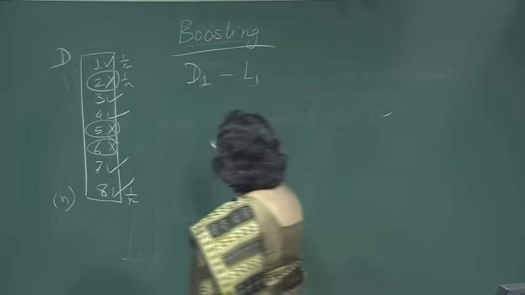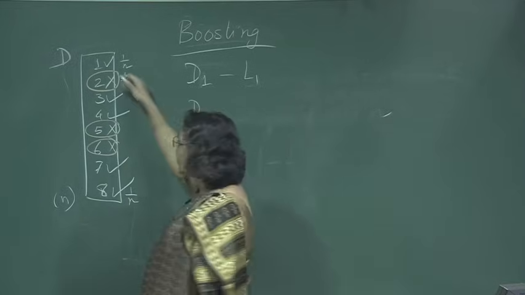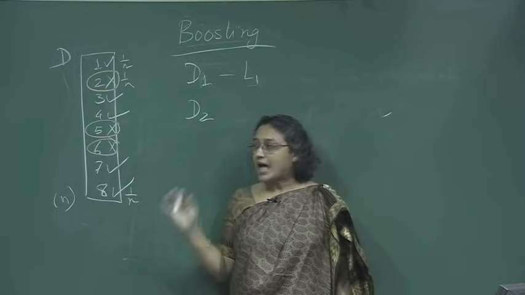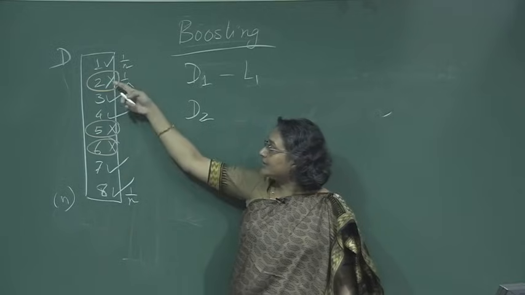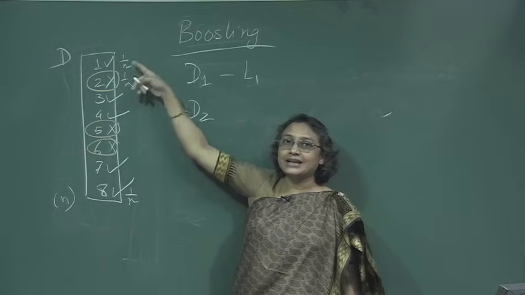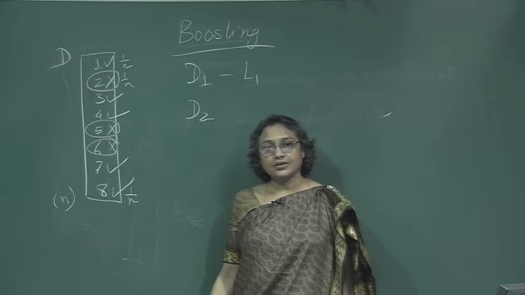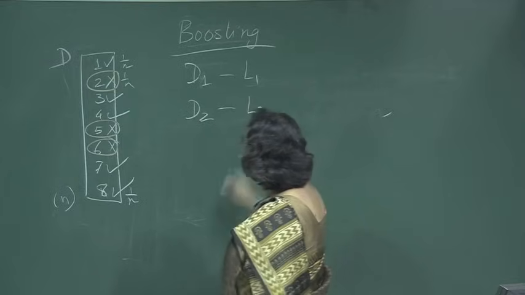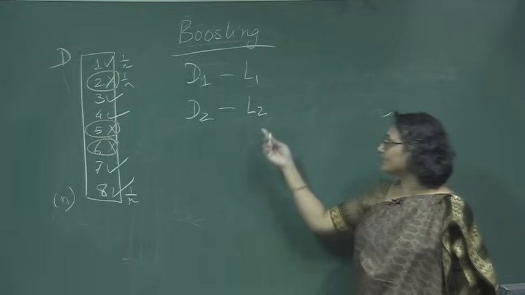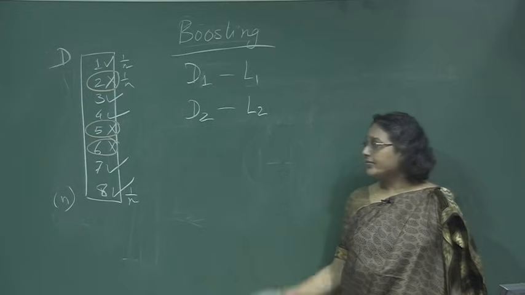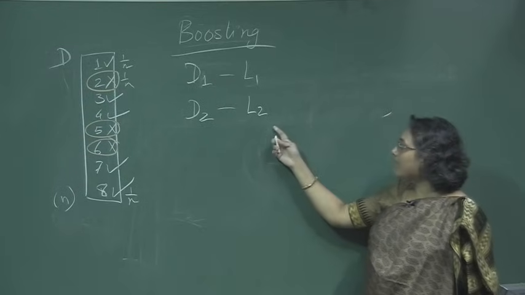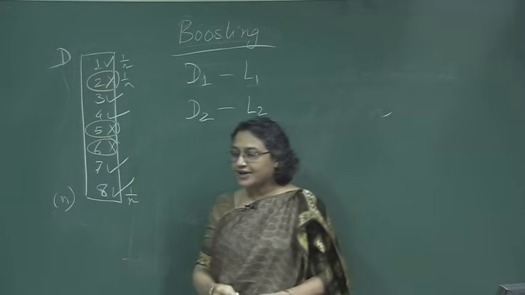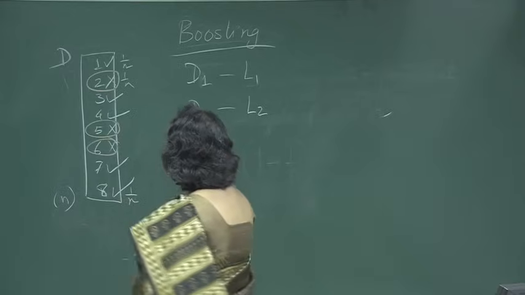Now, we will sample D2 according to this probability distribution, and we will get a subsample, and this subsample is more likely to contain 2, 5, 6 than 1, 3, 4, 7, 8. Okay? So, we get D2, and on D2 we apply the learning algorithm and get the learner L2. Now, again we apply L2 on these training instances and find out which ones L2 makes errors on.